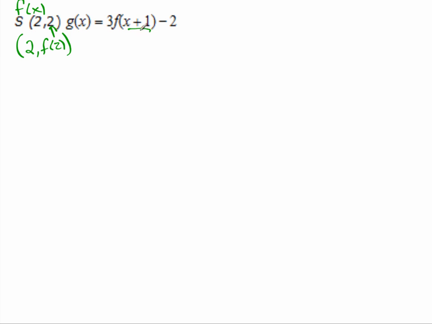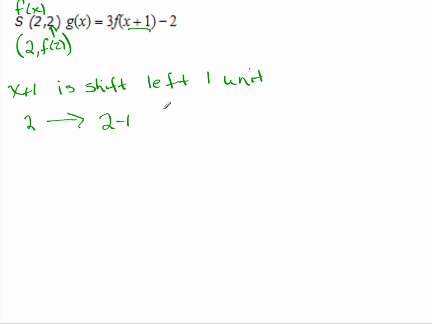My transformation, x plus 1, is a shift left 1. So 2, my x value, becomes 2 minus 1, because left we're going to subtract 1. So my new x value is 1.